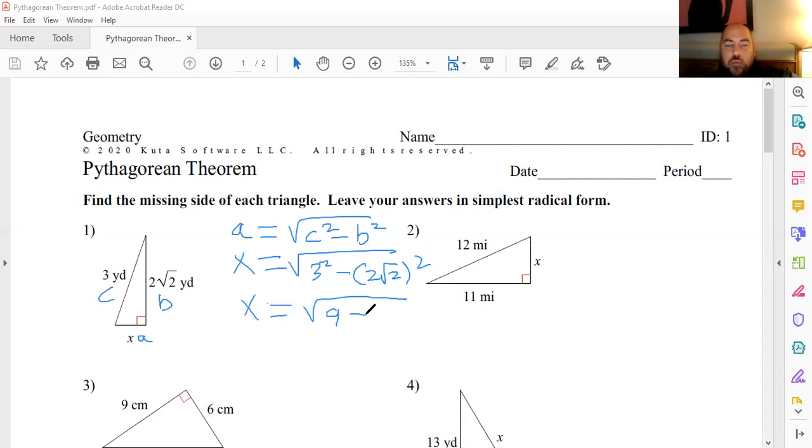We have 2 times 2, which is 4, and then the square root of 2 times the square root of 2 is just 2. So this becomes 8. So x equals the square root of 1, or x equals 1.